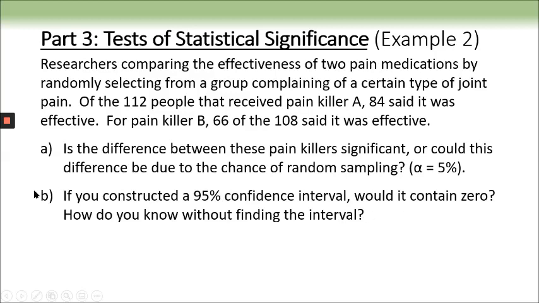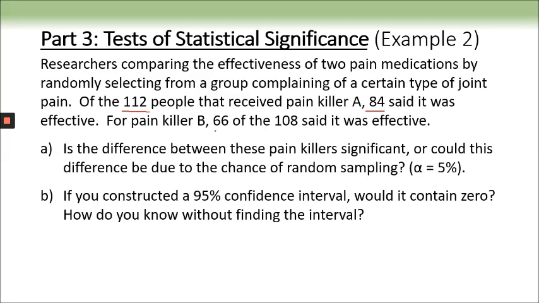So before we get started here, I do want to kind of look at this because one of the things about this is picking out all of this information. So I always kind of look through and think about what it is we have. We have the sample size, that's the total. And then we have the count. So that's 84 out of 112. It was not given to us in order.